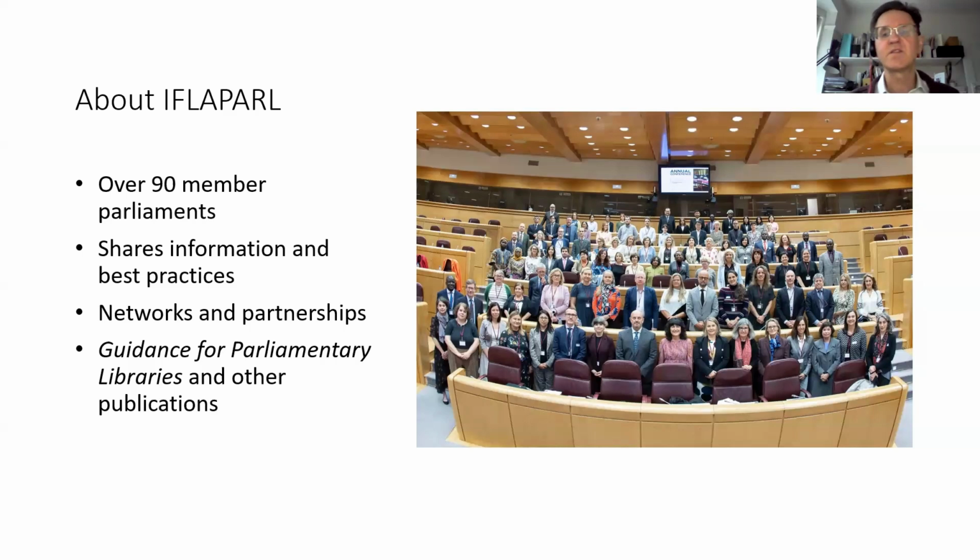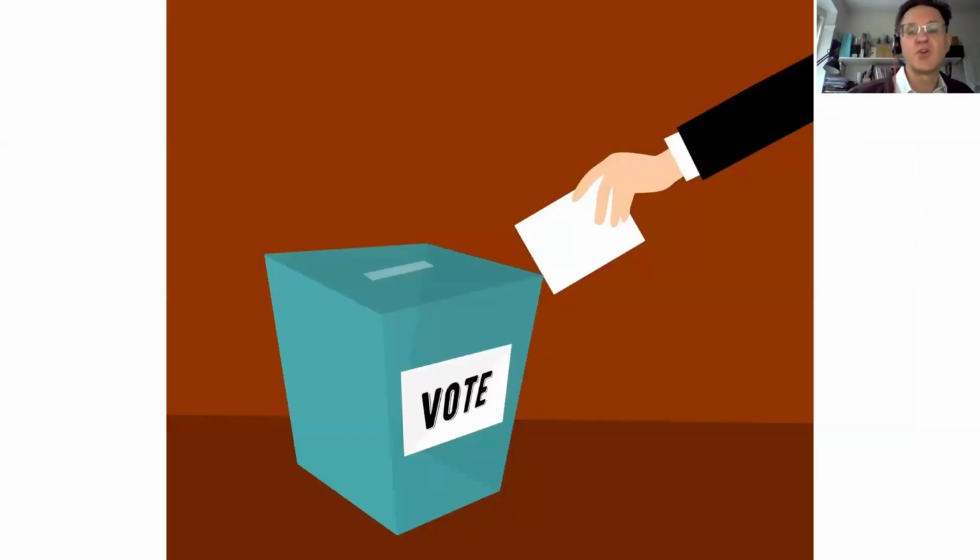We're going to start with a chance for you to vote. We'll have a poll. It's a multi-choice poll, and we're asking what information services are made available for members of parliament or members of Congress in your country. You can choose as many as apply.